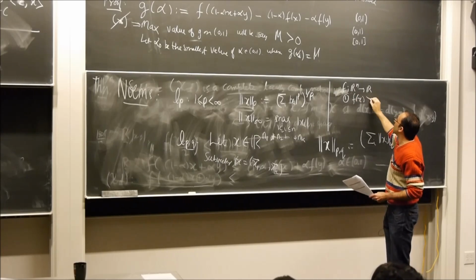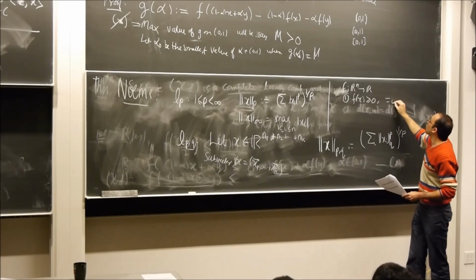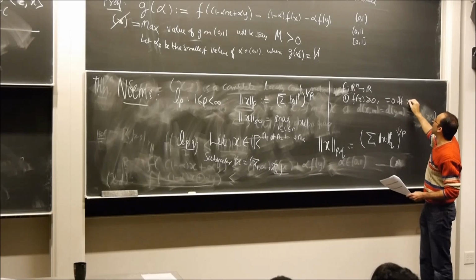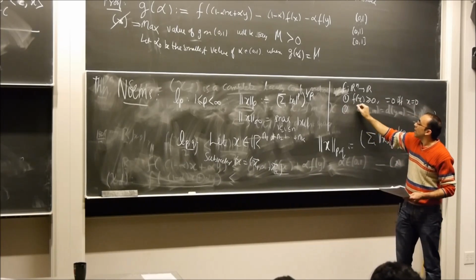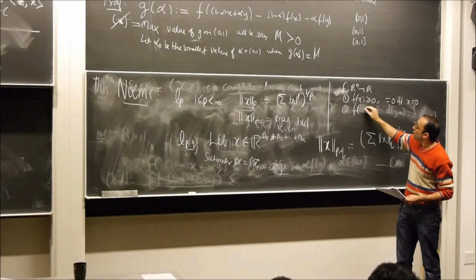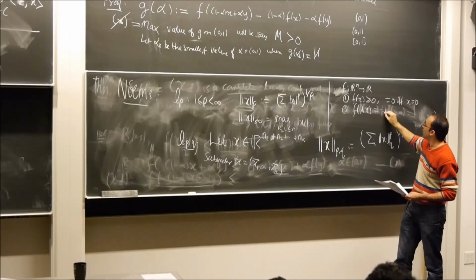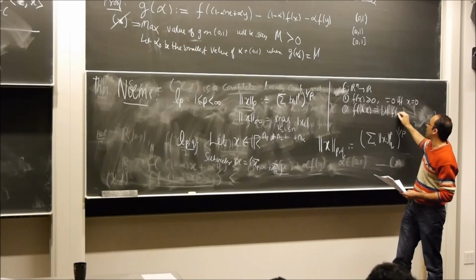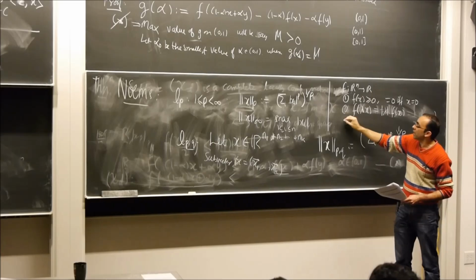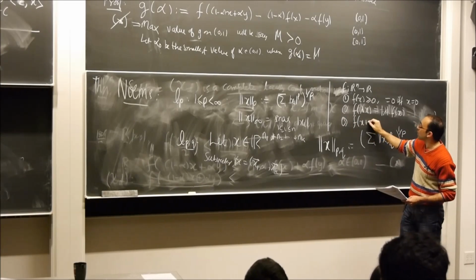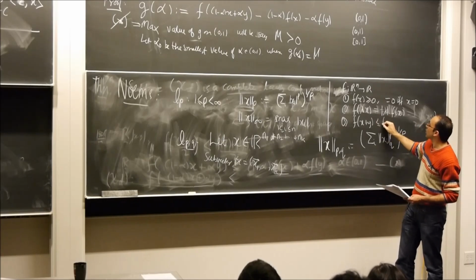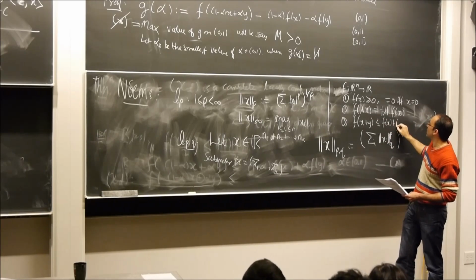F of x is non-negative and equal to 0 if and only if x is equal to 0. So that's the positive definiteness property. Then f of lambda times x is equal to the absolute value of lambda times f of x. This is called positive homogeneity. And of course the most important property is that f of x plus y is less than or equal to f of x plus f of y.